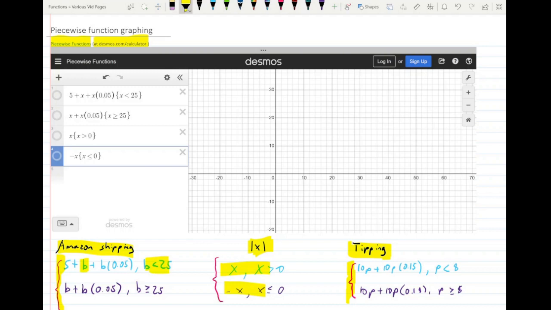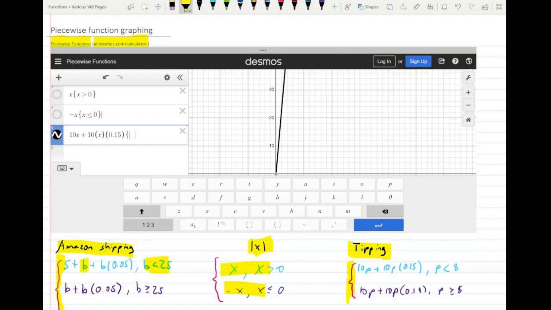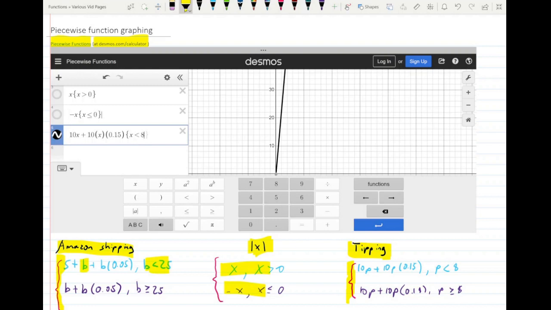Alright, if you are back, this is how you would graph this third piecewise function in a similar manner to the previous two. You would type in the equation, swapping out p for x, because that's what Desmos accepts. 10 times x times 0.15. Type in the restriction in brackets. So bracket x is less than 8.